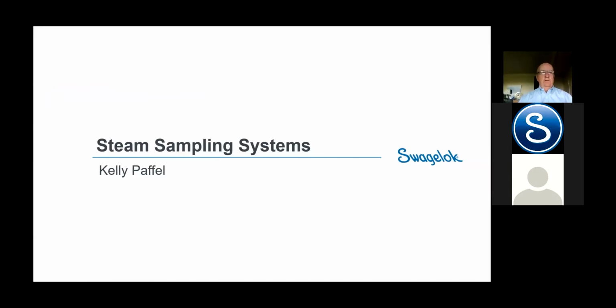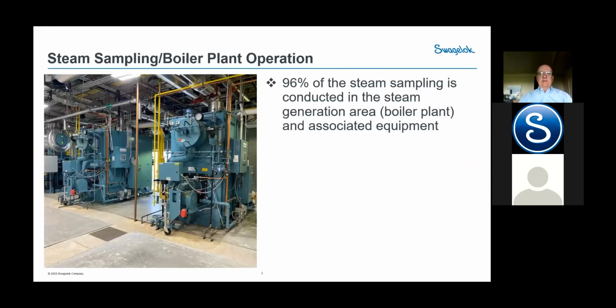Good morning, everyone. Today I want to talk about steam sampling systems. Every boiler plant needs a steam sampling system. 96% of the steam sampling is conducted in the steam generation area, called the boiler plant.